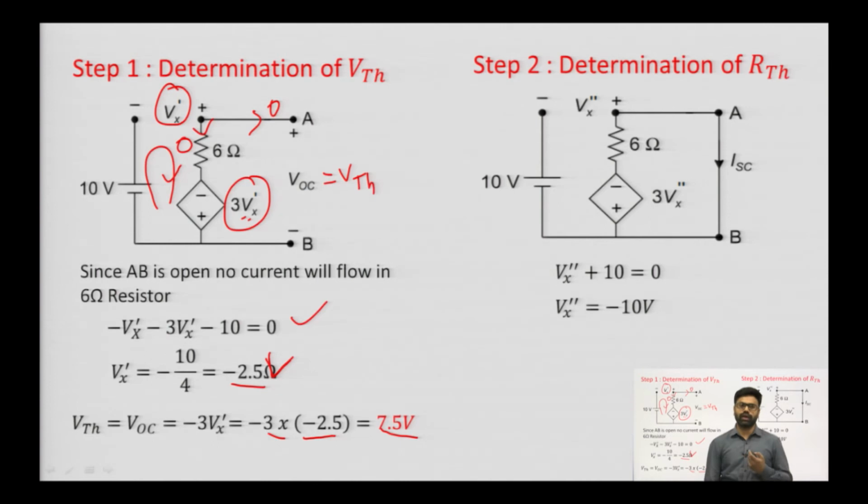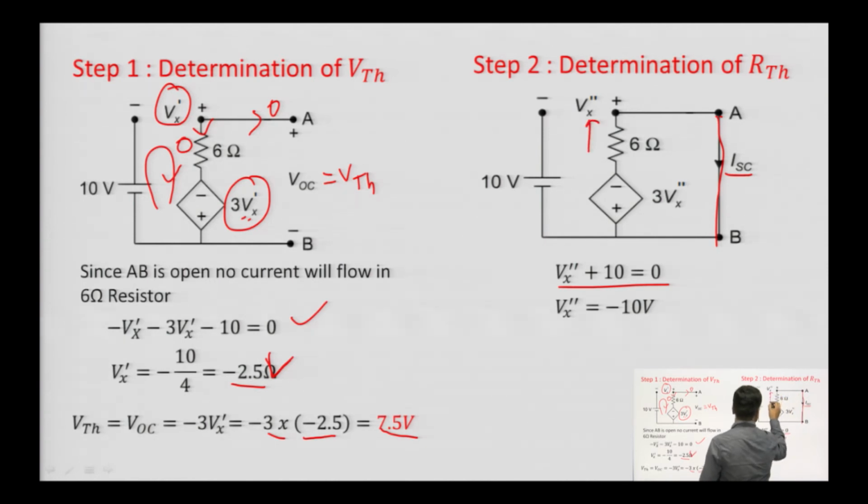Now, to find RTH, we have to short circuit the terminal AB. After short circuiting, the current flowing is ISC, the short circuit current. To find ISC, we know that Vx double dash plus 10 equals 0, because it is short circuited and both are connected in parallel.